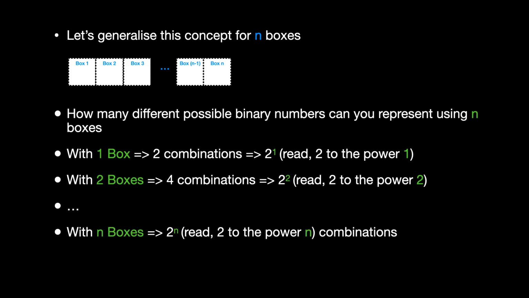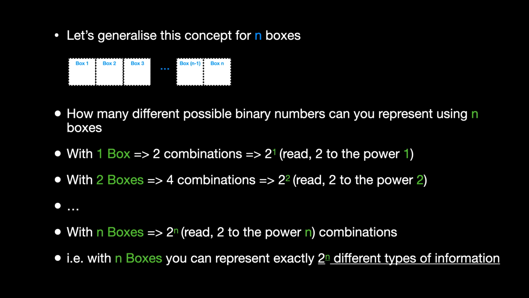So on until we have n boxes using which we can represent 2 to the power n combinations. That is, with n boxes, you can represent exactly 2 to the power n different types of information.